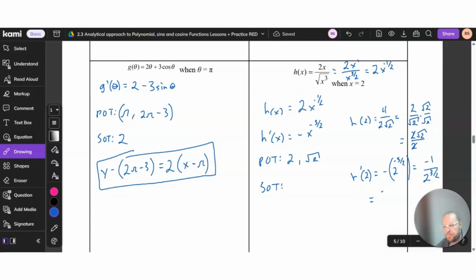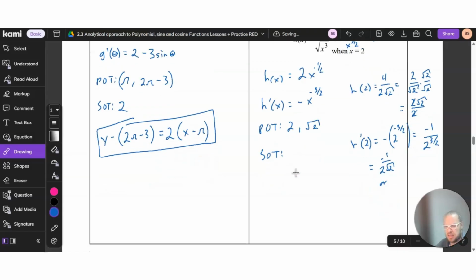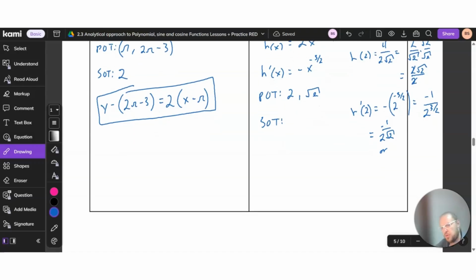So it'd be -1 over 2 root 2. In this case, I would definitely leave it there. I really don't think I would simplify that. But if you wanted, that would be multiplying it by root 2 over root 2. So we could get negative root 2 over 4. I don't know that that's any easier. So I'm going to leave it as that first one. So -1 over 2 root 2.